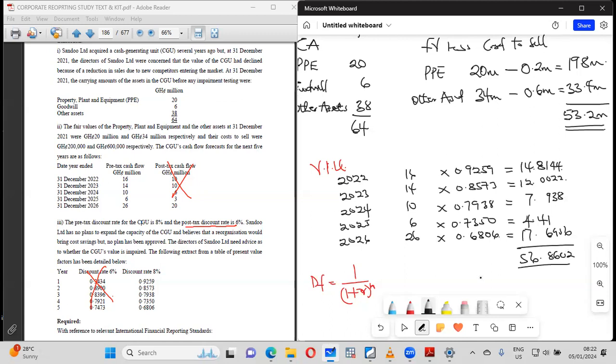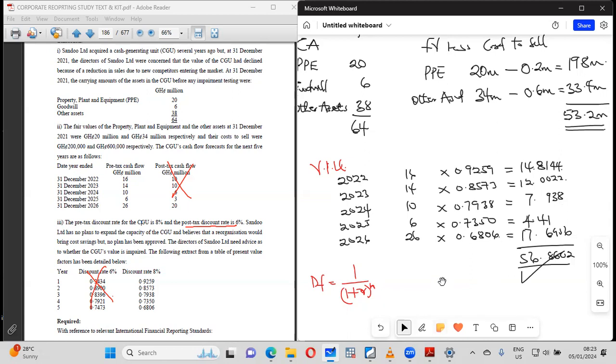All right, that is what I have. Now we have the figures, so it should be very easy for us to pick the greater of the two. We need to pick the greater of the two, and this one seems to be greater.